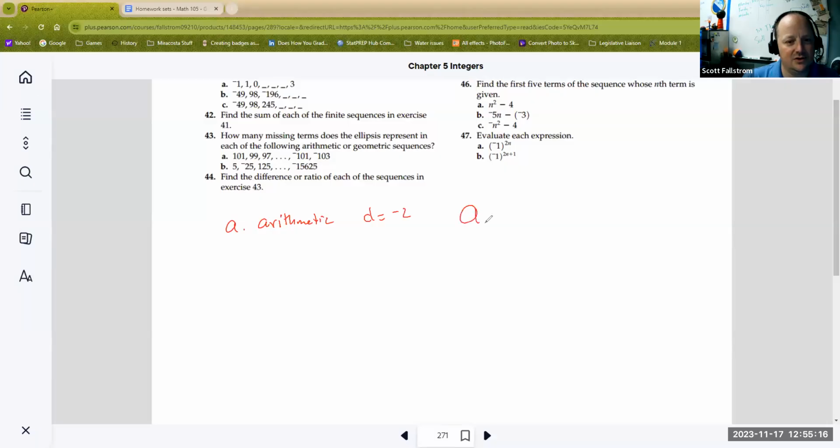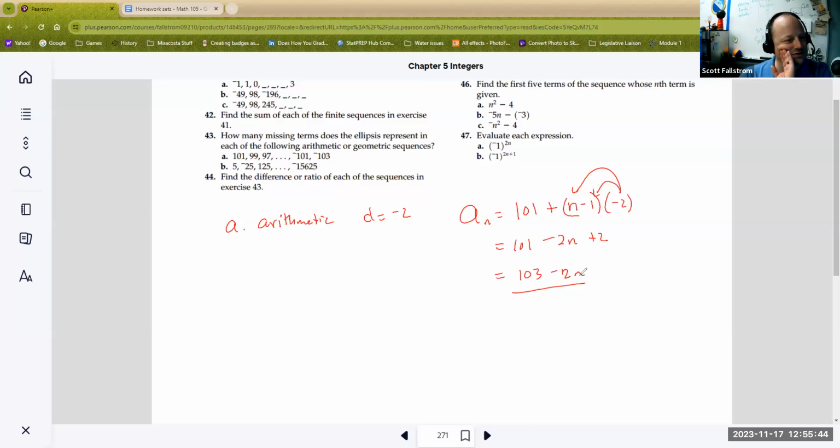So any term in the sequence I could write as the first term plus some number of -2s. And we could distribute now. So 101 minus 2n plus 2, which, if you go back to what Brooke would do, she would have gone to one term before this and said 103 minus 2n.